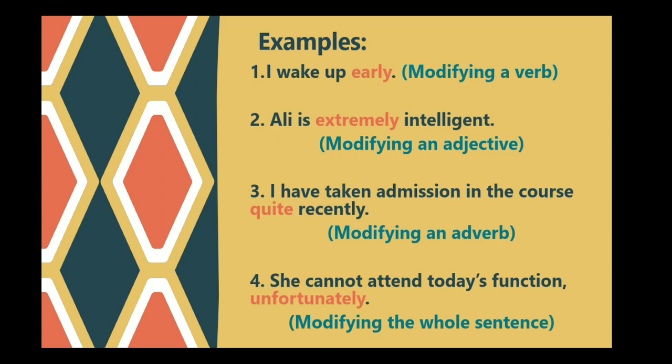The adverb quite is modifying another adverb, which is recently. Quite recently. She cannot attend today's function, unfortunately. Now this adverb, unfortunately, is for the whole sentence. So it's modifying the whole sentence.